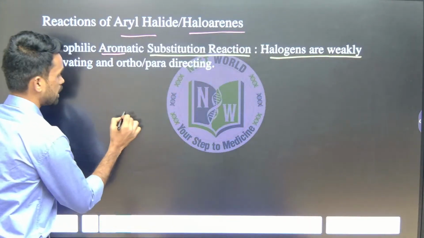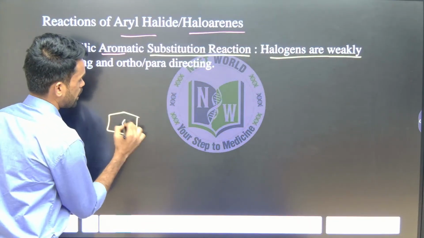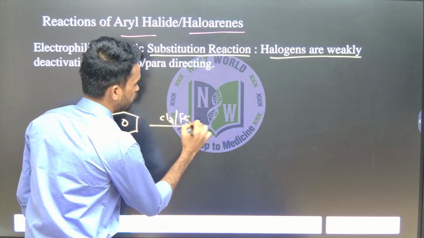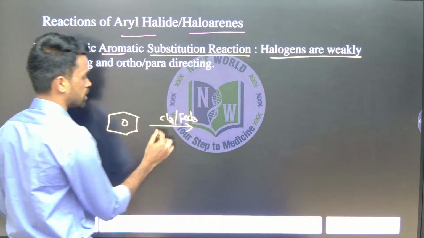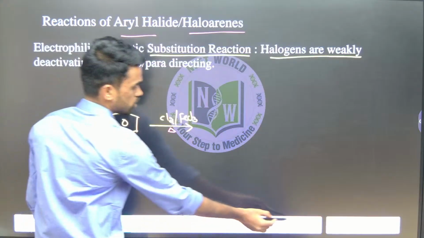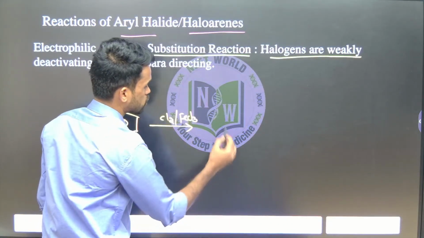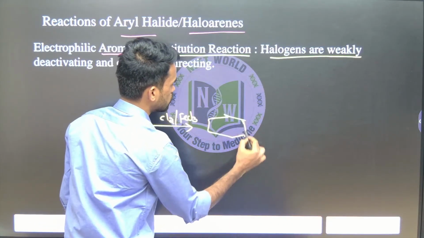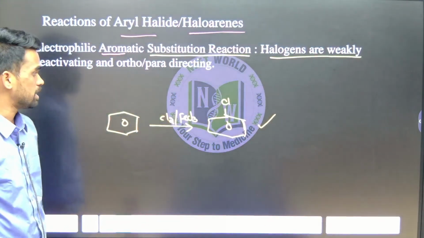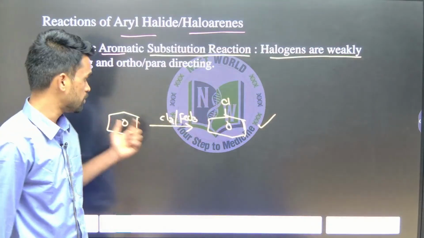So here if I take a simple benzene ring, what happens? Simple benzene ring upon treating with chlorine under FeCl3 as Lewis acid, under dark condition, heating condition. So it gives you chlorobenzene. So this is how we prepare our halobenzenes. So we got our chlorobenzene from simple benzene.